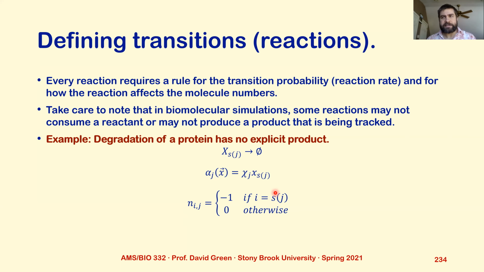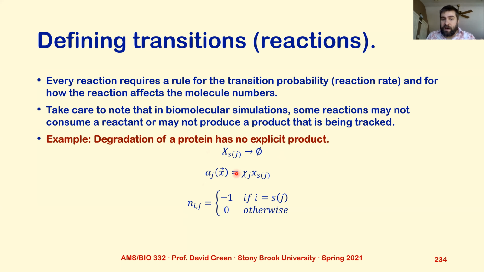It's not that there isn't a very low level of product or a consumed reactant in these cases, but rather that we're not explicitly modeling these. So for example, degradation of a protein in our model doesn't have an explicit product because we're not keeping track of the concentrations of individual amino acids. That is, we might write our model as a protein just disappears, goes into nothing.